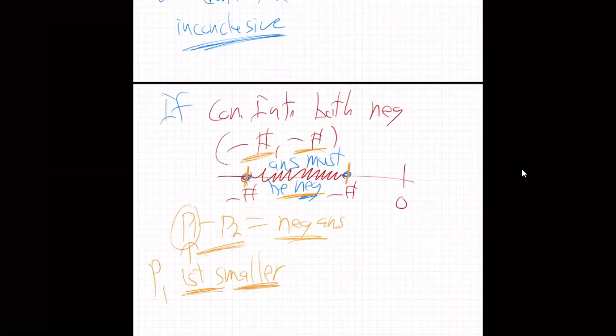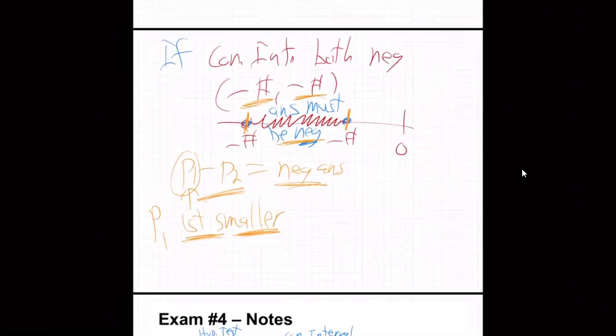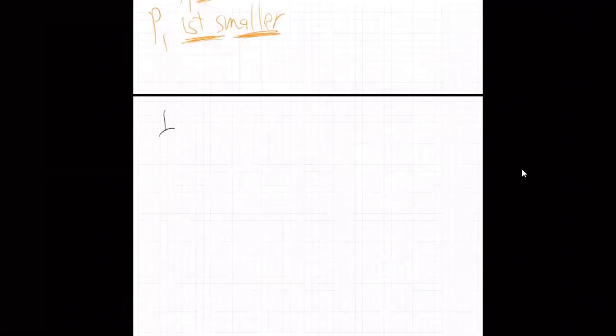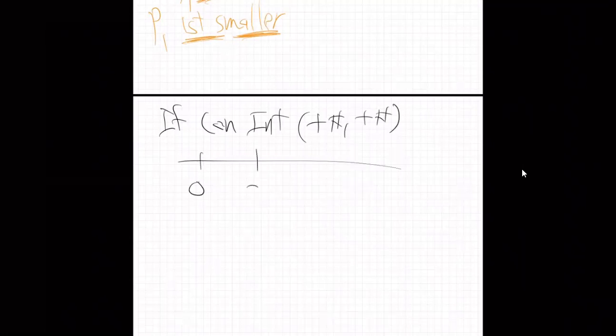And then there's a third case. Let me add another one. That would be if the confidence interval comes out positive number to positive number. What does that mean? Well, here's 0, positive number to positive number. That means it's right in here.